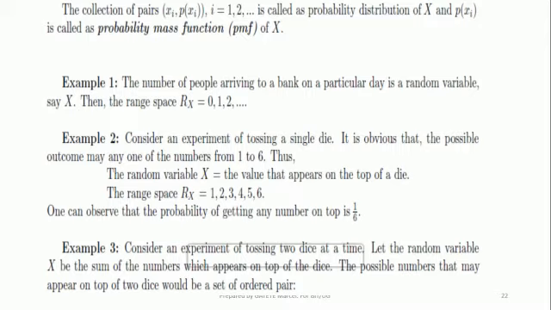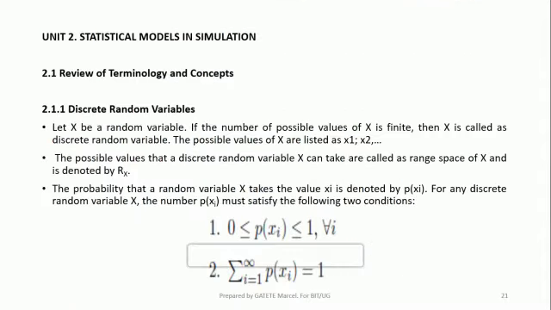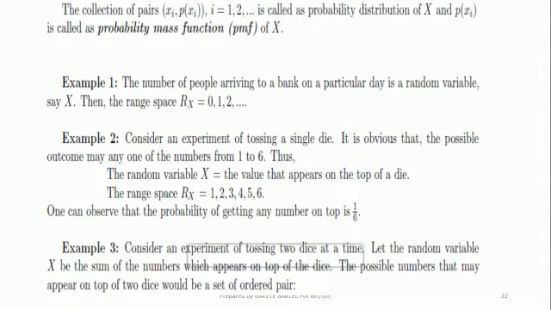We can have pairs (xi, p(xi)). We have each value of x and the probability of getting such value, with i running from 1 till the end.